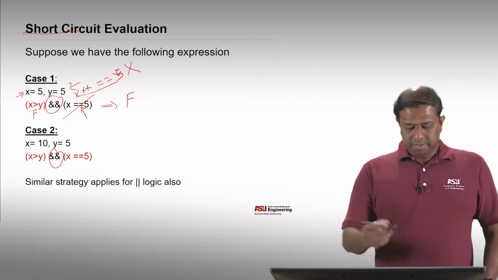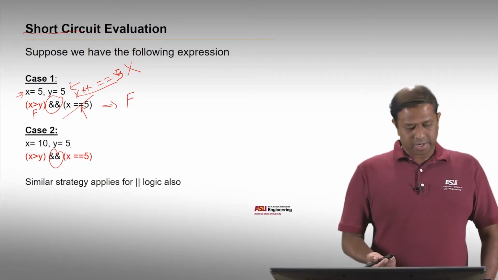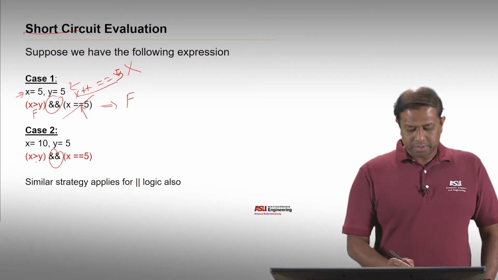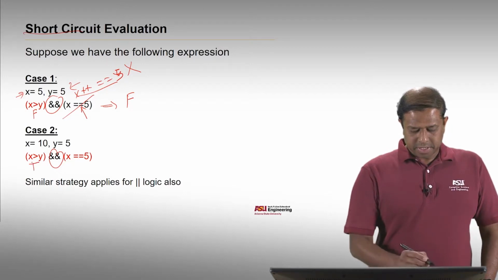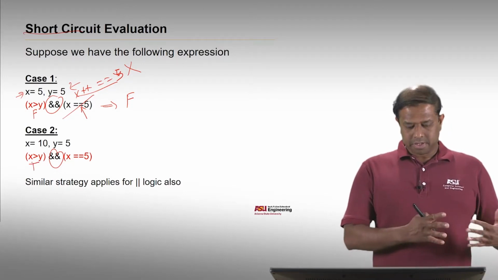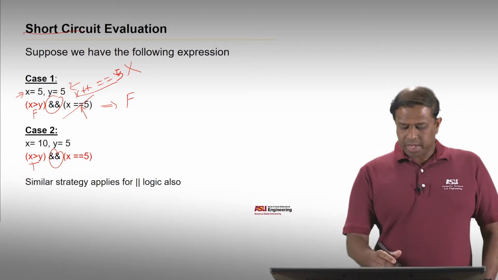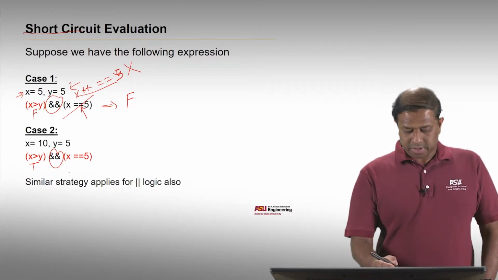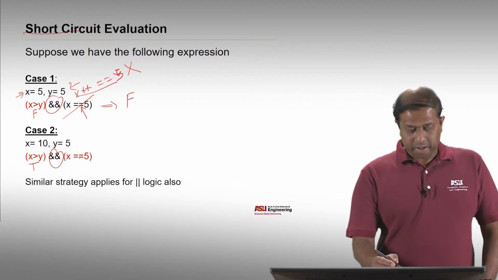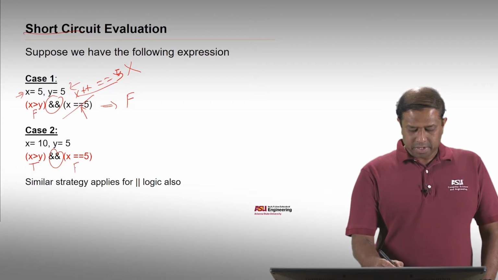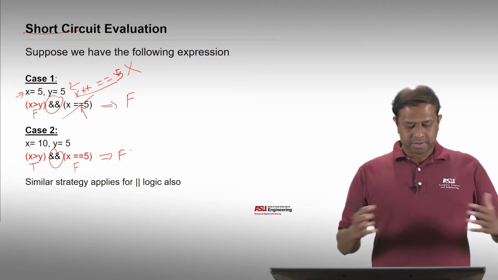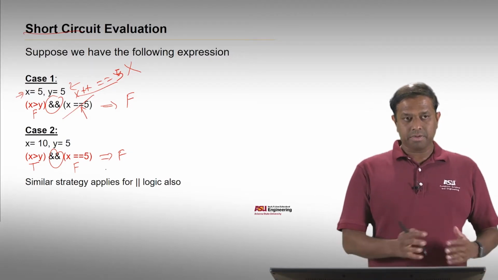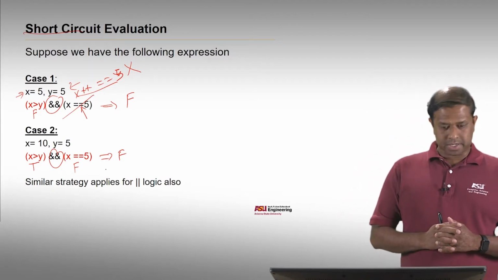However, in this case, for example, where we have x greater than y, this is true. Since this is true, in order for us to assess the whole statement, we have to evaluate the second one also, x equals 5. We know that this is false, so the whole thing will be false. But in order for us to get that evaluation, we have to do both of these evaluations, all right?